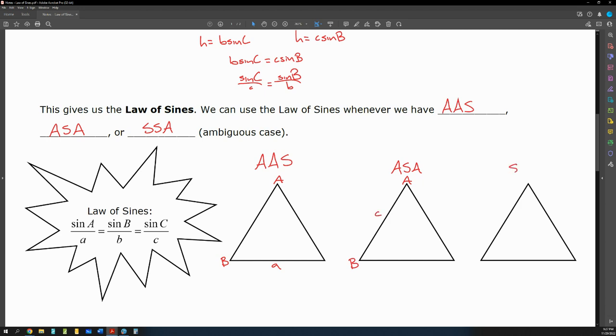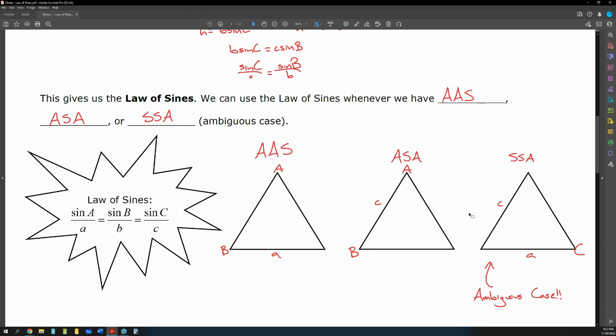Or likewise, if we had side, side, angle, this would be if we had side length C, side length A, and then angle C. But note that this is the ambiguous case, which again, we'll talk about in our next notes.